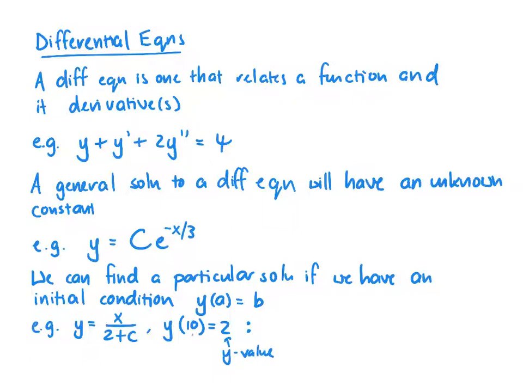Y equals, this is the x value that we're plugging in. What we would do is say, okay, well, in my equation for the general solution, replace that y with the 2, replace the x with a 10, and now we can solve for that constant c and find that particular solution.